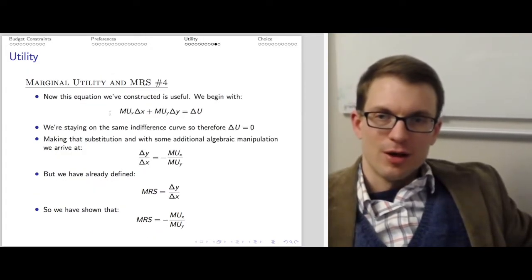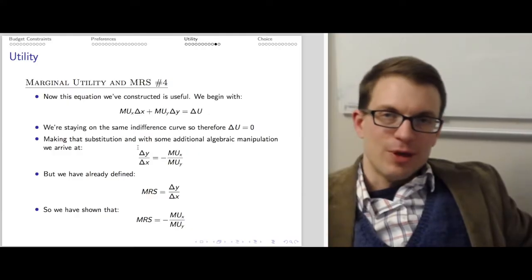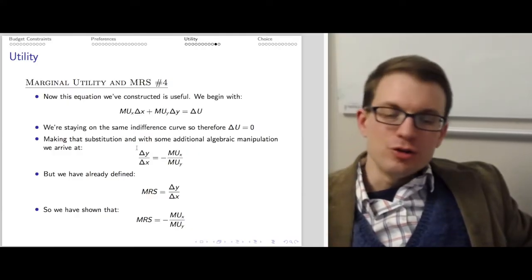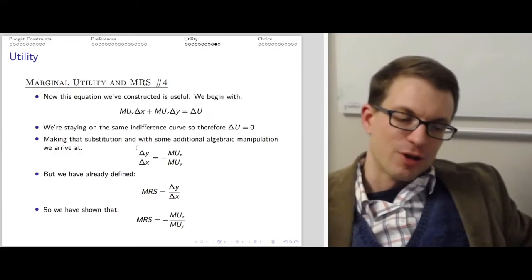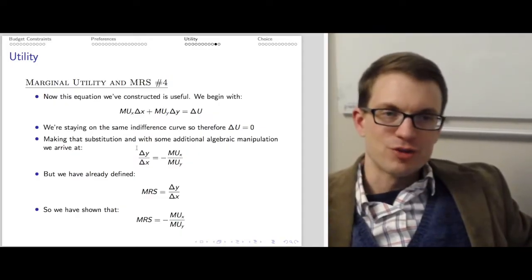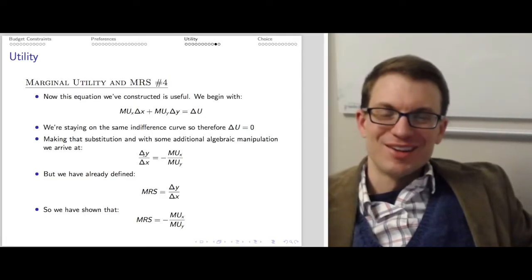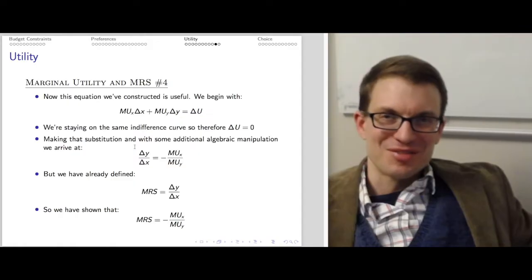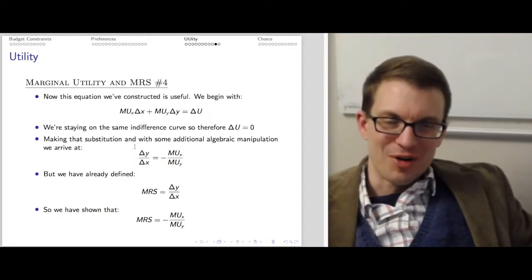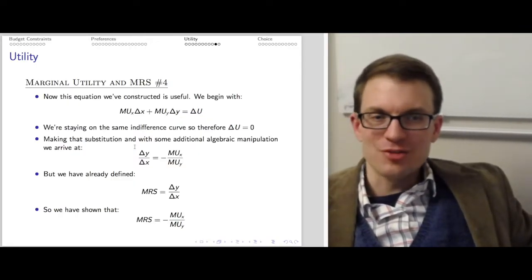I want to include this in the slide deck just because the book's not going to do a good enough job talking about why the MRS is a legitimate representation of the rate at which the consumer is willing to trade off one good for the other. Well, that's the justification. I just gave it to us.